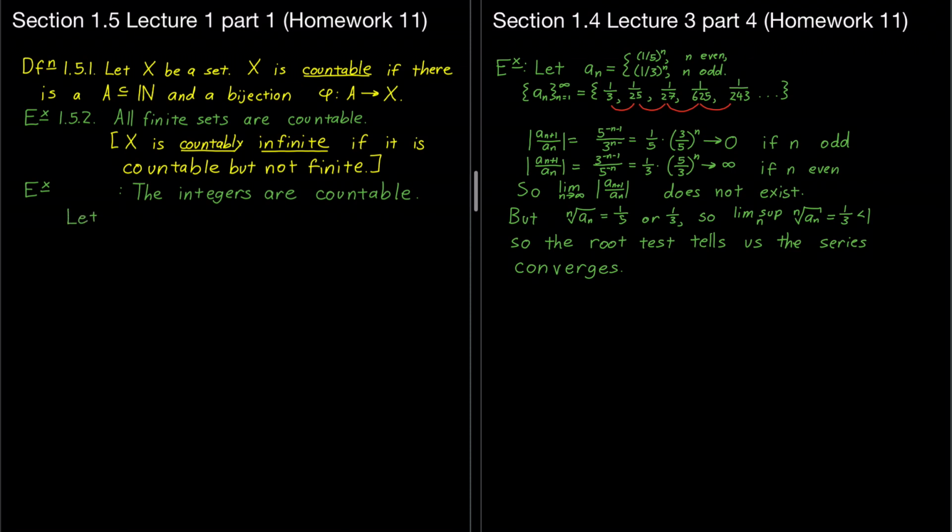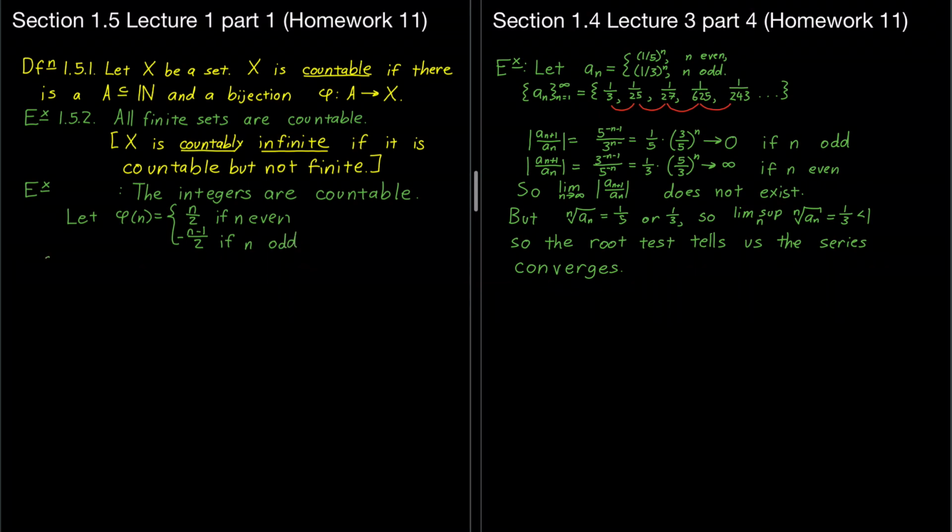We let phi of n be the following piecewise defined function. It is n over 2 if n is even, and it is negative (n minus 1) over 2 if n is odd.